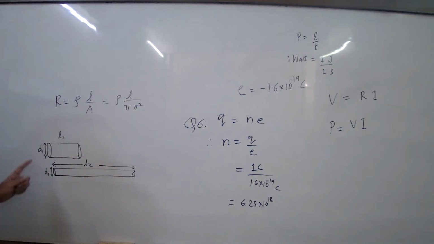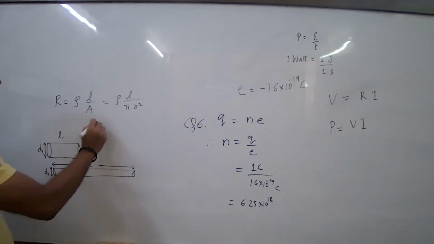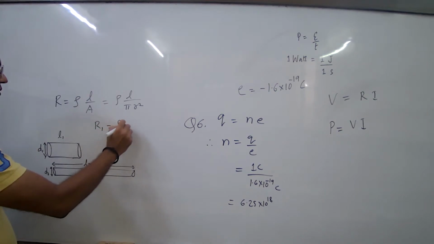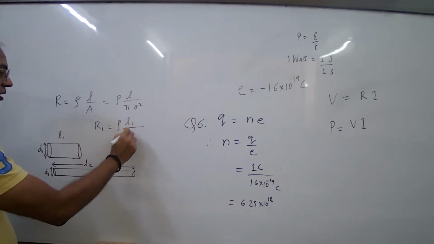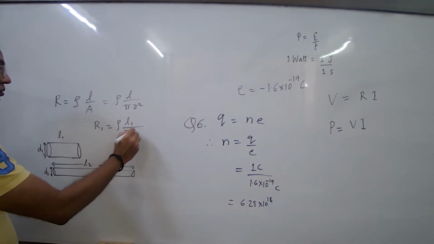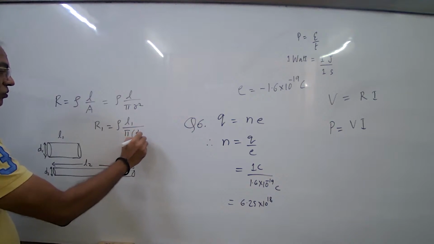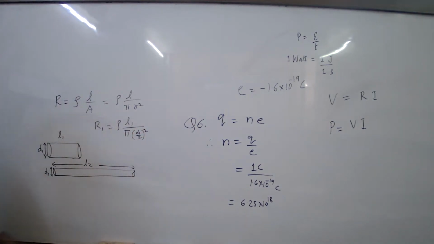So in the first case, R1 will be equal to rho L1 divided by pi, where R is D1 by 2. This is R1, the resistance in the first case.